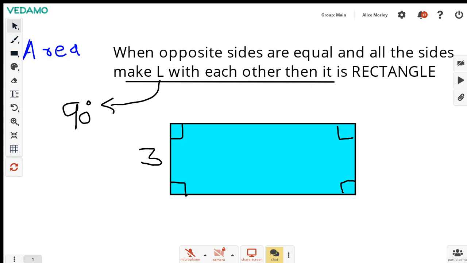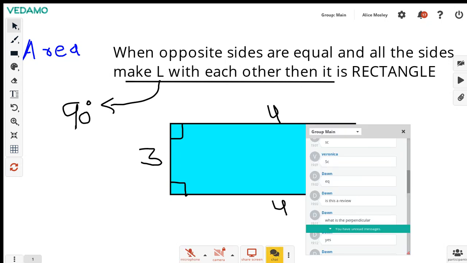Now if I tell you this is 4, it means this will be 4. Everyone clear on what a rectangle is? Yes. Okay, I got a yes from everyone.